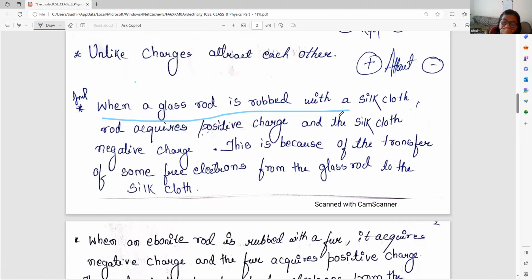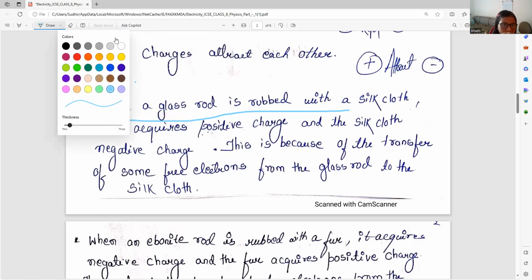This is because of the transfer of some free electrons from the glass to the silk cloth. Now I will also explain you by giving an example.